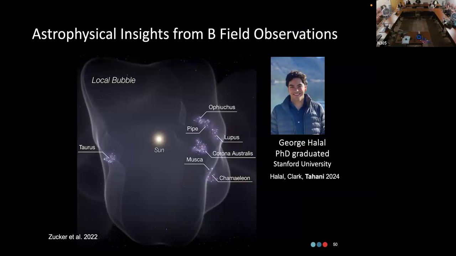So now, with these 3D magnetic fields, let's put everything in a large perspective, the big picture that we started with at the beginning of the talk. To understand this 3D magnetic field geometry in the large scale of the Local Bubble, George Halal looked at the plane-of-sky magnetic fields in this region.